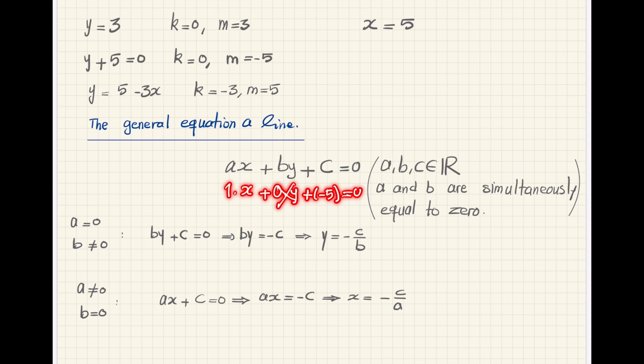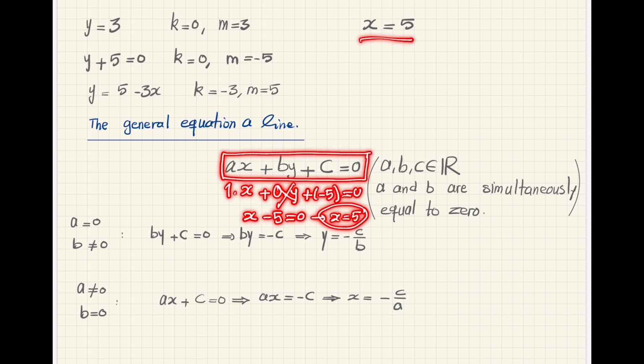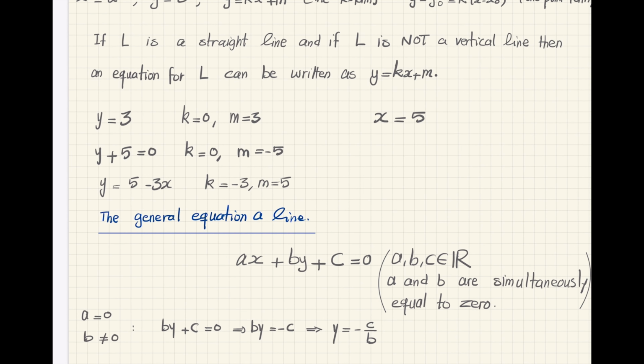This goes away, and this becomes x minus 5 equals 0. But this means x is equal to 5. So we saw that the previous equation was not capable of giving me this. But if I work with this form of equation, for particular choices of A, B, and C, in this case A equal to 1, B equal to 0, and C equal to minus 5, I was able to reduce this equation to that equation. So that flaw, that deficiency which was in the previous equation, does not appear here.